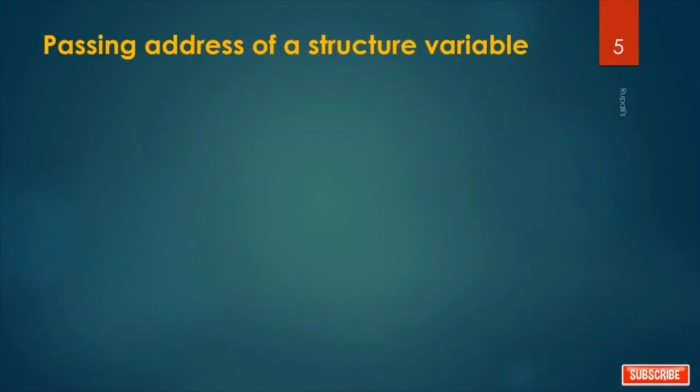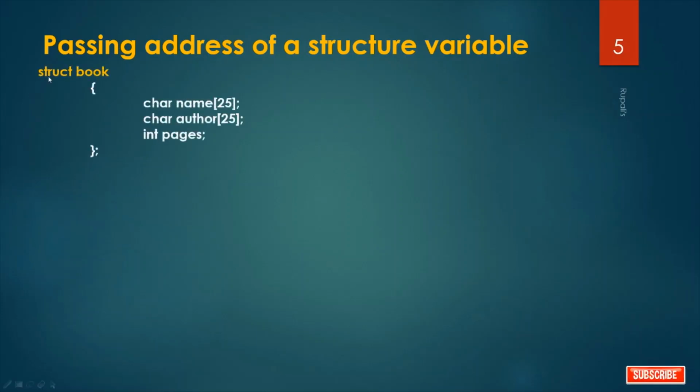Our next topic is passing the address of a structure variable to a function. How you can pass the address of a structure variable to a function. See here, this is one structure, struct book, with two character arrays for name and author, and one integer variable for pages.